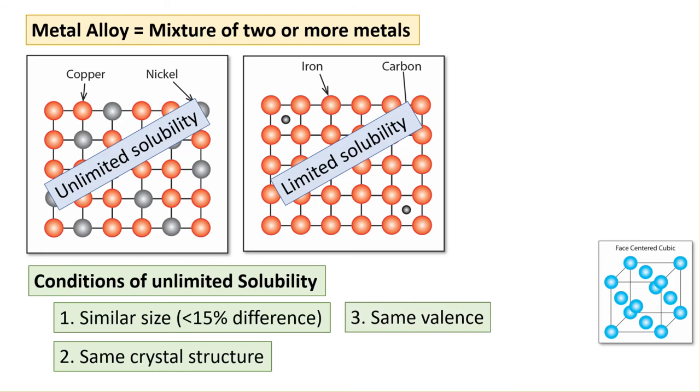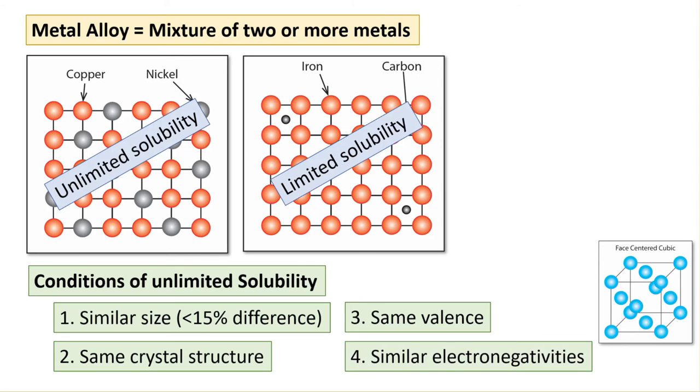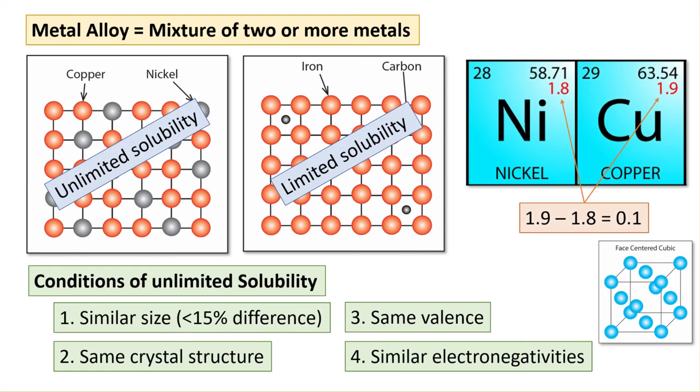They need to have the same valence. That means the number of electrons available for bonding. And 4. Their electronegativities should be similar. Copper and nickel are right next to each other on the periodic table and therefore have similar electronegativities. They differ by only 0.1.